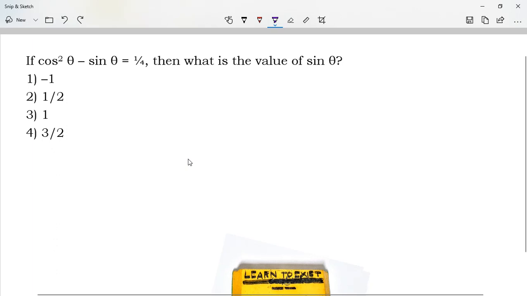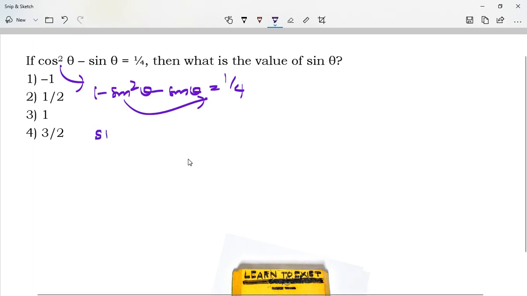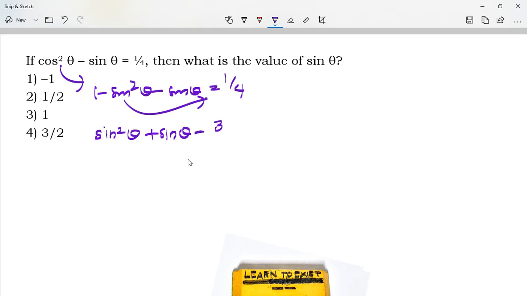So I am converting this into 1 minus sine square theta minus sine theta will be 1 by 4. Okay, so I am moving all these terms into the right side, so we will get sine square theta plus sine theta, and 1 by 4 minus 1 will be minus 3 by 4.